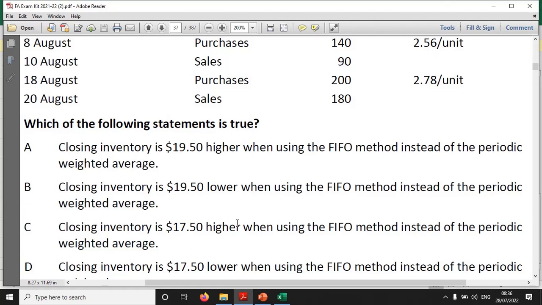So which method is going to have a higher closing inventory? FIFO. So let's look at A. A says closing inventory is 19.5 higher when using the FIFO method instead of the PAFCO method. And I think A is correct. B is the opposite. Then in C and D we have got the wrong number.